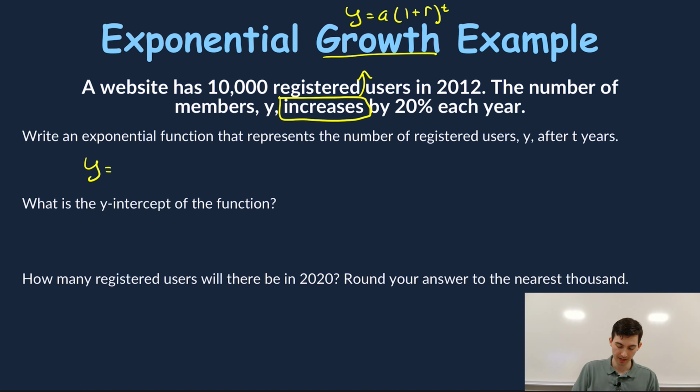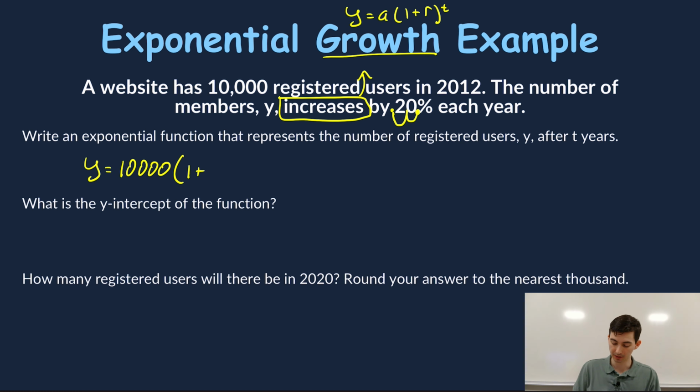And so my starting value, which is my a, we know that we're starting with 10,000 registered users. So I'm going to write 10 and then 3 zeros. And that's going to be my a value. And now I have 1 plus. My rate is going to be this 20%. But anytime we're working with percents, we need to convert this to a decimal. And we do that by taking the decimal that we have and moving it over to the left 2 spaces.